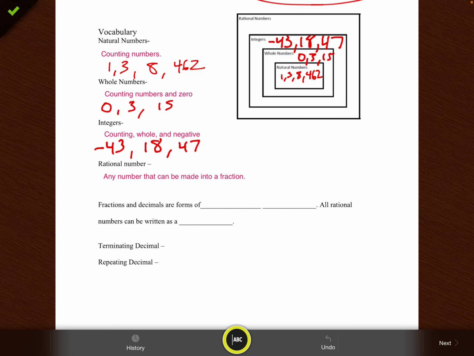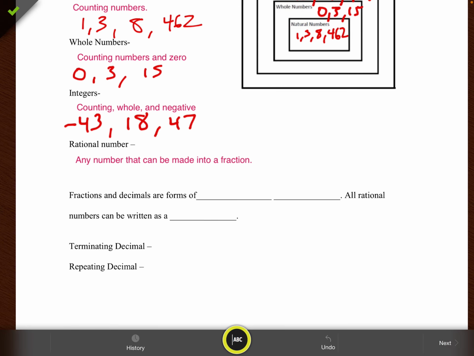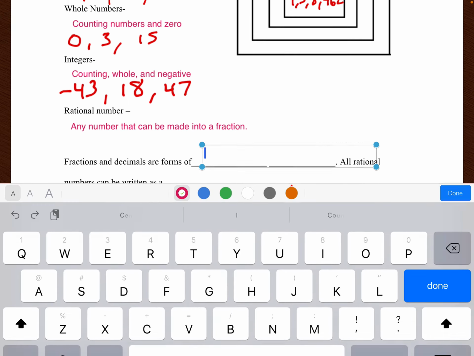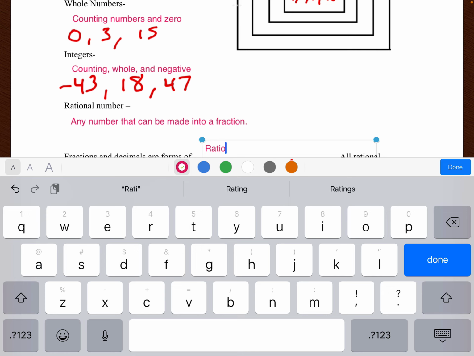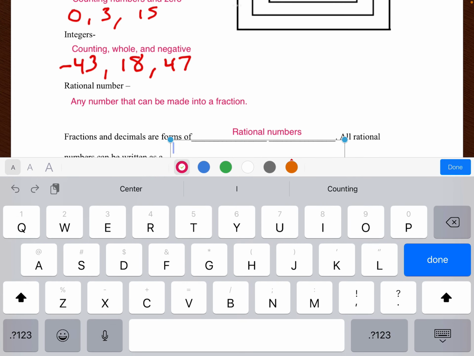We'll do some more examples of that as we go. I'm not going to give you any examples right now at this moment, but I will. Please just make sure you have the definition down there. Just some more notes here. Fractions and decimals are forms of rational numbers. And all rational numbers can be written as fractions.